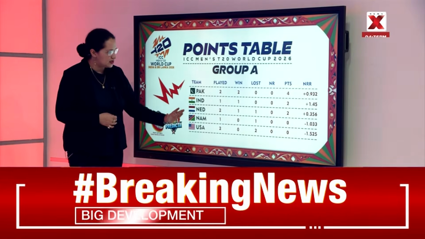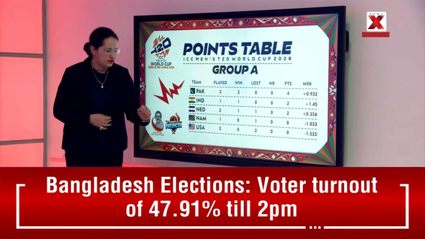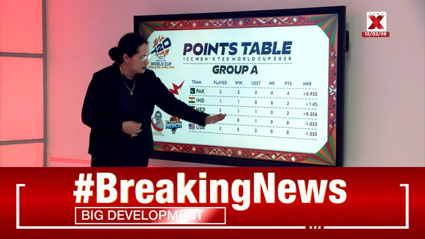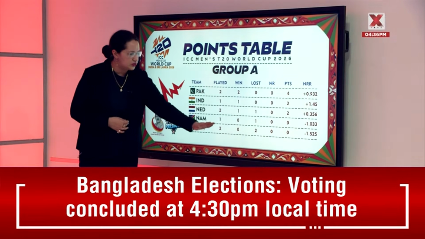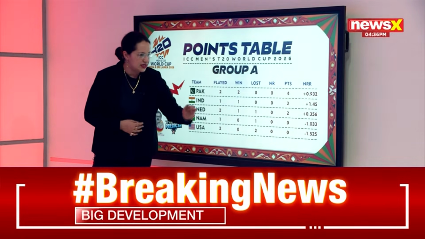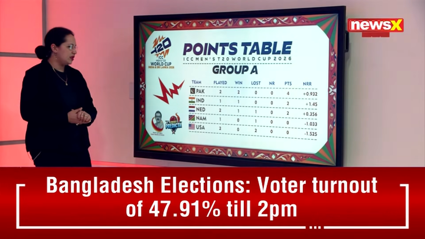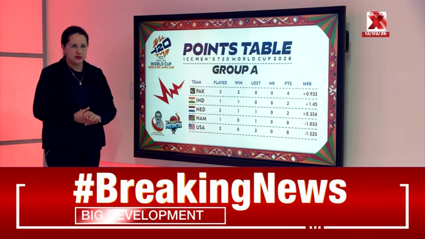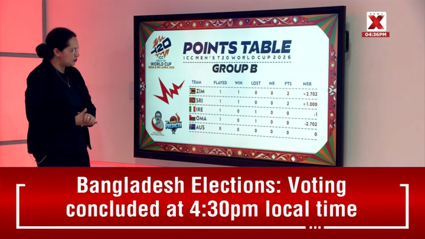Namibia, at 1, that is minus 1.033. Namibia played 1, lost 1. Now, the US played 2 and lost 2, and the net run rate is minus 1.525. So that's Group A that we're talking about. These are all the details that we've shown you.